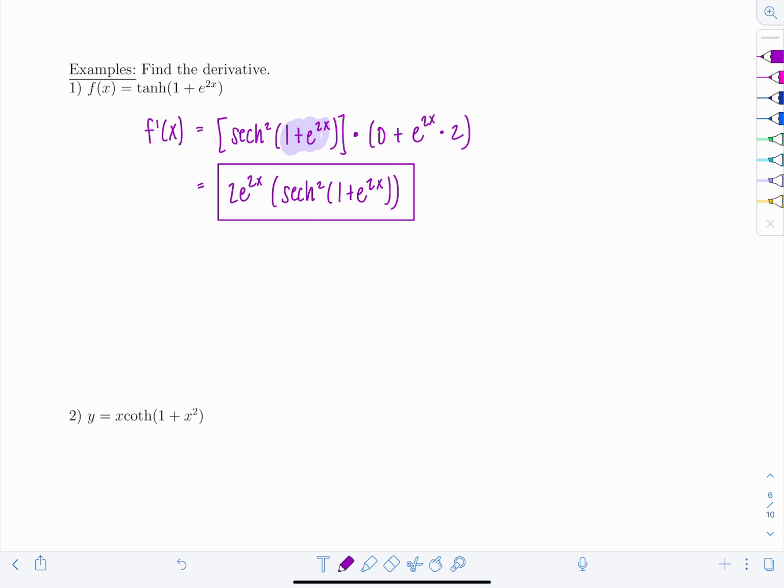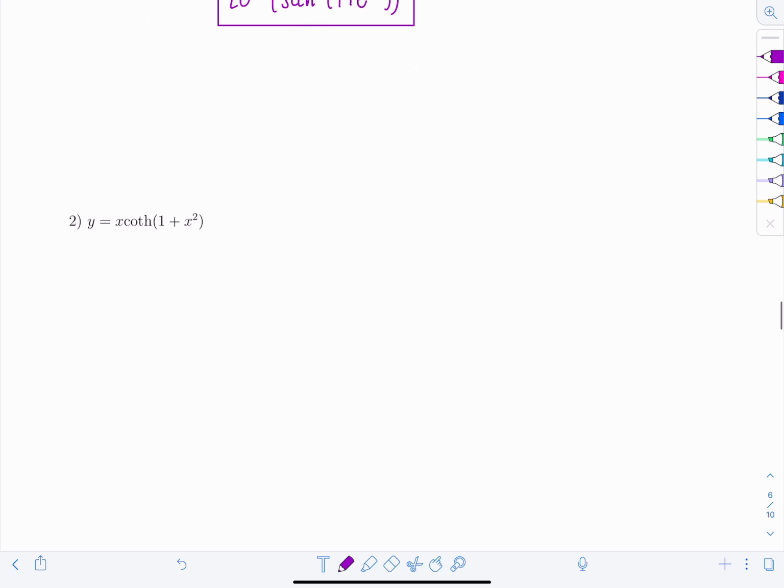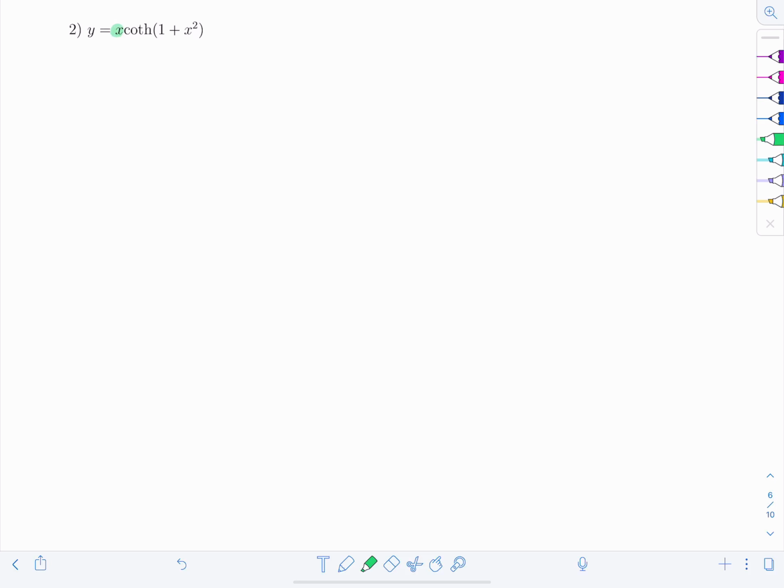Next one is y equals x times hyperbolic cotangent of 1 plus x squared. So what rule do I have to use here? Can you tell? We have to use the product rule, right? Because I have x, that's one function, and then hyperbolic cotangent of 1 plus x squared is another function. So dy/dx is equal to, let's take the derivative of x, and then leave hyperbolic cotangent alone.